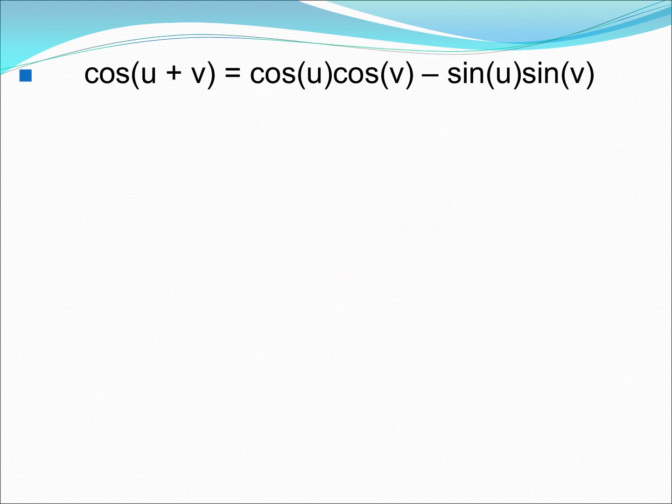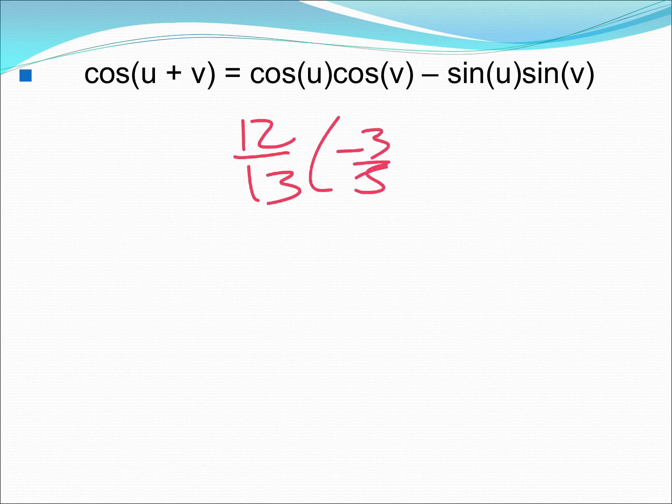Alright, and here's our last example, again based off of that triangle that we drew 2 slides ago. The cosine of u plus v is the cosine of u times the cosine of v minus the sine of u times the sine of v. We're going to plug in what we know from that triangle. The cosine of u was 12 over 13, and the cosine of v was negative 3 over 5.